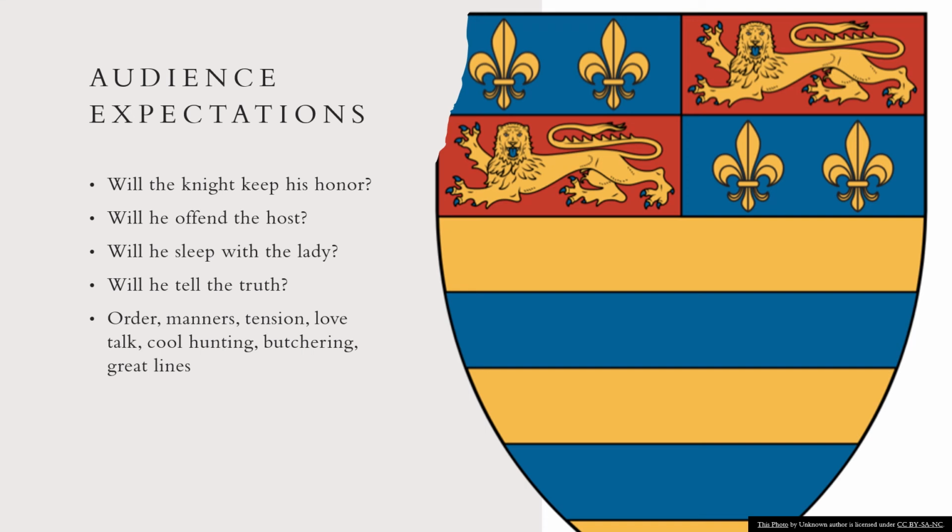So they would be looking forward to the whole game that's going on in the story between the flirtation and the hunting. They like the tension. They love reading the banter or love talk, and the hunting is cool, and the butchering is cool because, of course, everybody hunted.